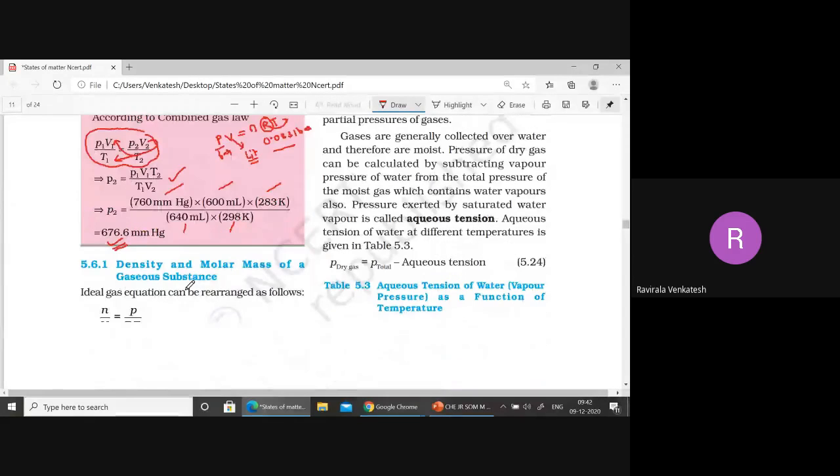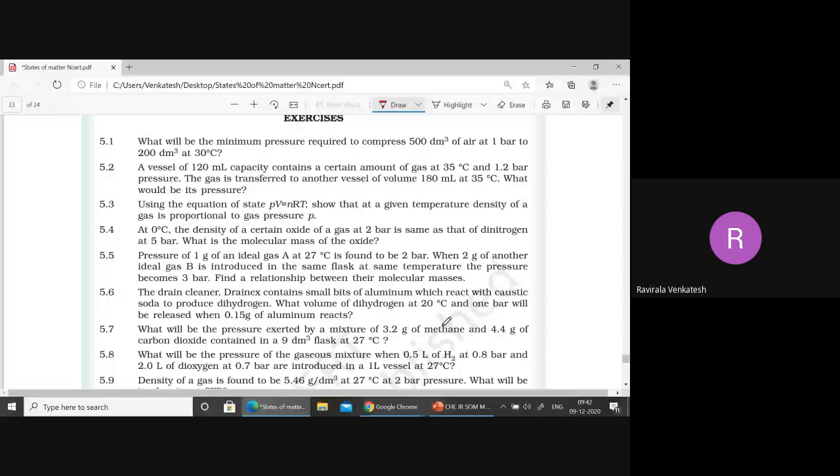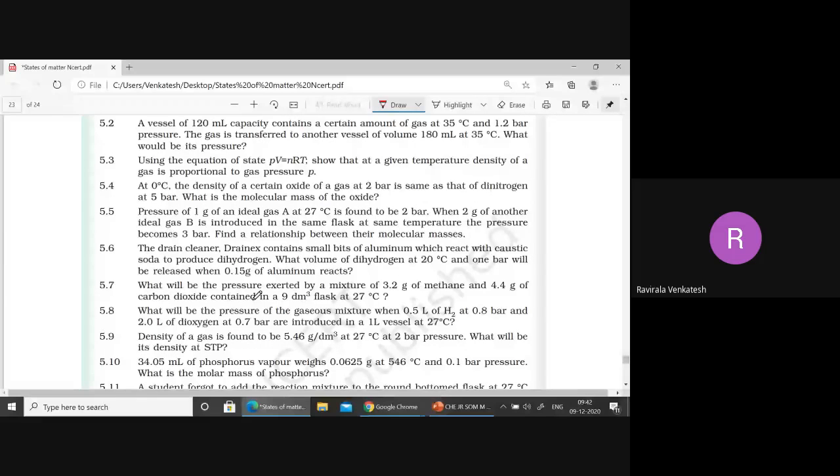We'll take one problem over here. Now this problem we get when you substitute the molar mass.